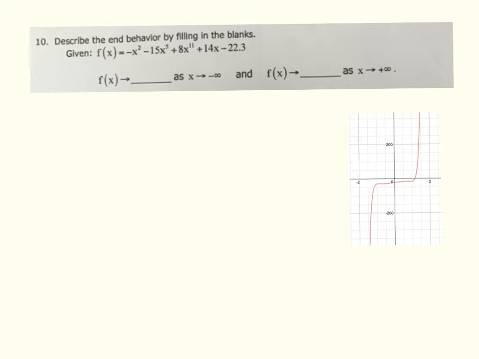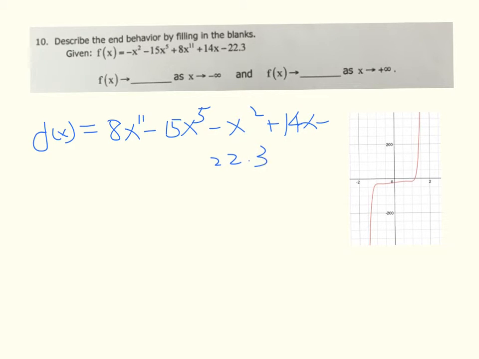Describe this function. First of all, you need to rewrite this function so that the highest power comes first, and then it goes in descending order. So if I rewrite this function and rearrange the order, it will become something like this, right?